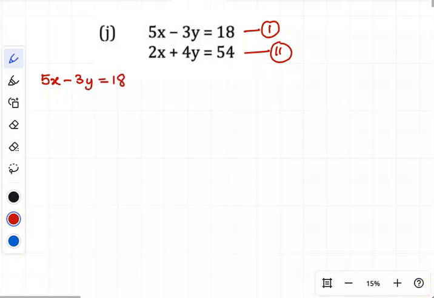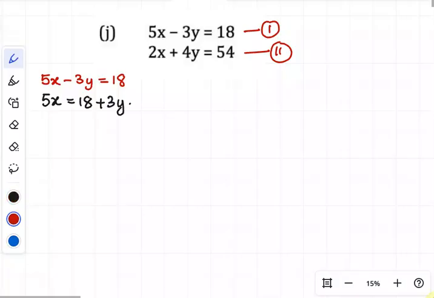From this equation I want to make x the subject of relation. For me to do that, I need to isolate 5x first. By isolating 5x, I have 5x equals 18 plus 3y.